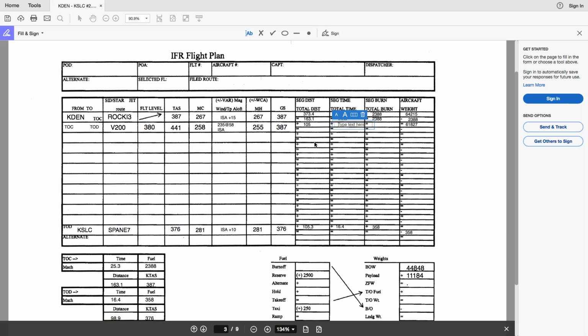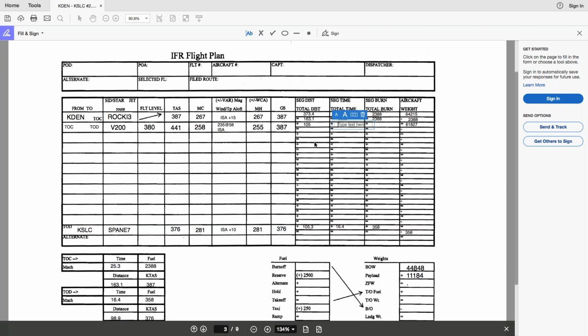Where did you get that segment time? I got 105 for the distance. You just calculated 16.21. Okay, so 16.21, so 16.2.